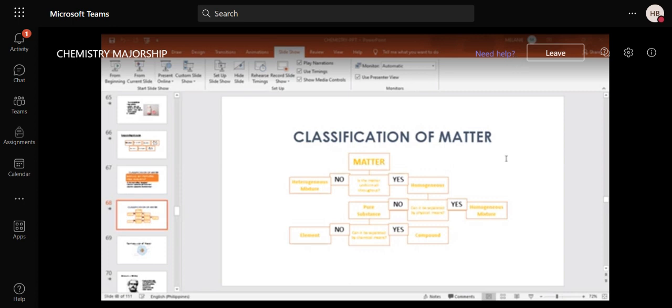Pwede po ba tayong mag-comment para malaman ko? Nandyan pa ba kayo? Naintindihan niyo po ba? Wala pong comment. Yun lang naman po ang comment niyo. I hope that I was able to enlighten you about the basics. Basics lang naman, di ba? So anyways, recall lang natin.